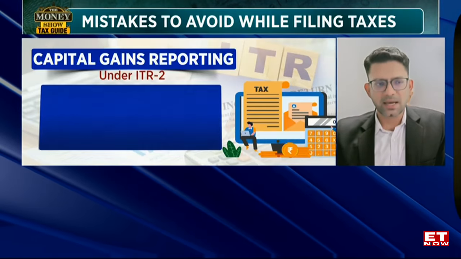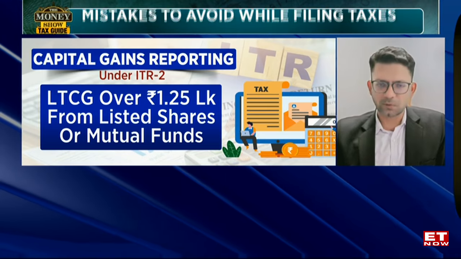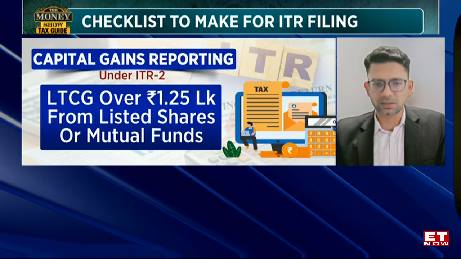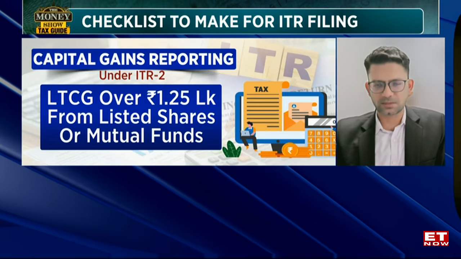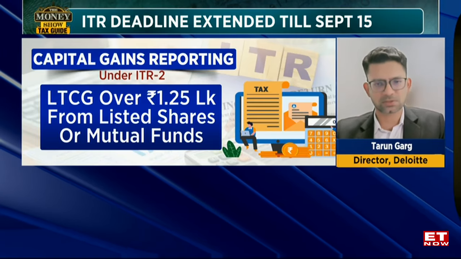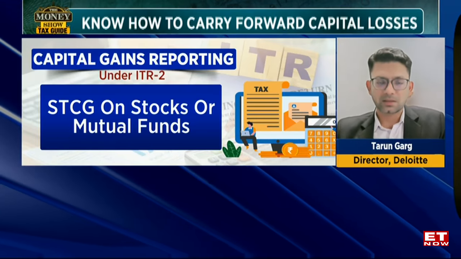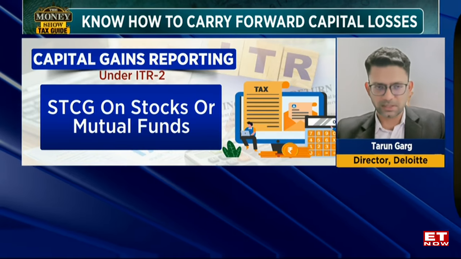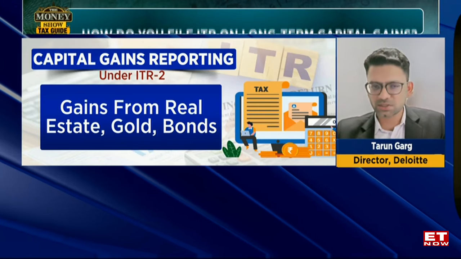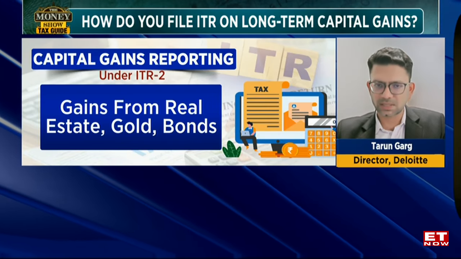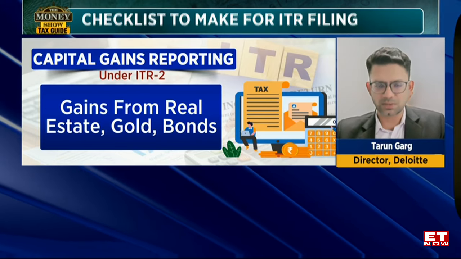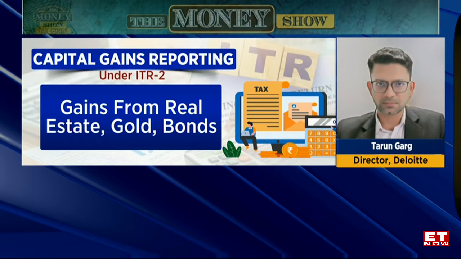Then whatever investments you make, and any gains you earn from them, be it properties, share securities, bonds, debentures, or even gold, physical gold or gold bonds, mutual funds, such gains that you earn from the sale of such assets become your capital gain, and have to be reported appropriately in the income tax return.